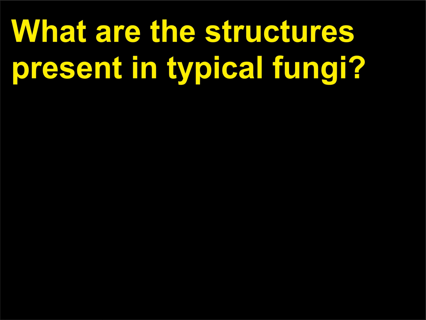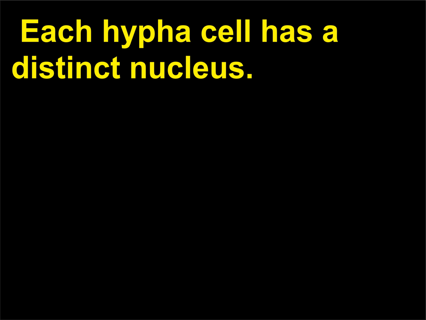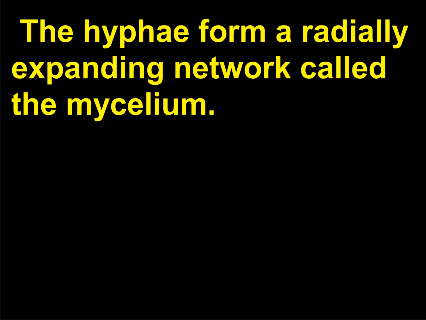What are the structures present in typical fungi? Most fungi are a mass of intertwined filaments known as hyphae that are surrounded by a rigid cell wall. Each hypha cell has a distinct nucleus. Individual cells may be separated by walls called septa. The hyphae form a radially expanding network called the mycelium.